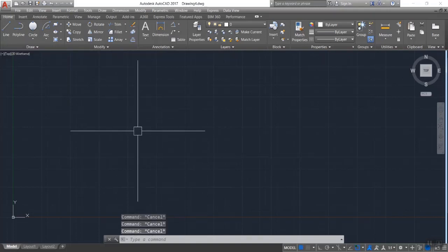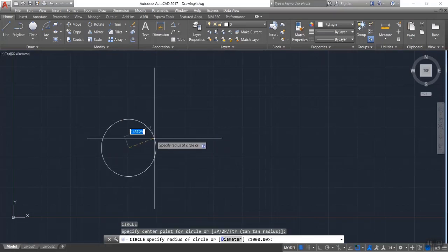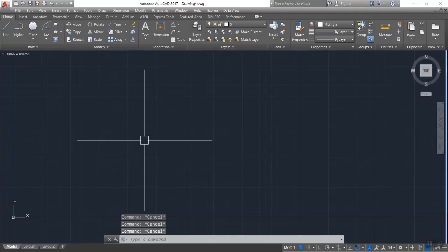So let's see, enter, let's mention the starting point, and then instead of mentioning the radius, let's put 2p enter. Sorry, before that we need to mention the starting point.